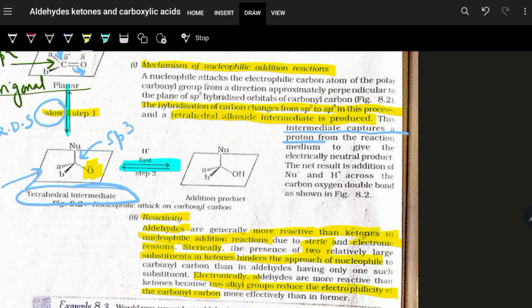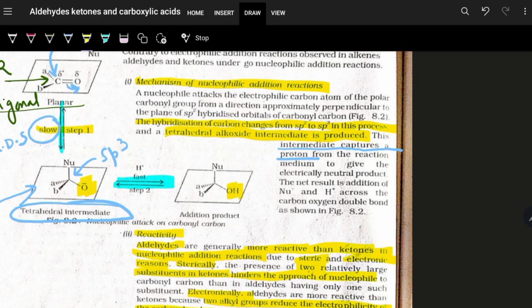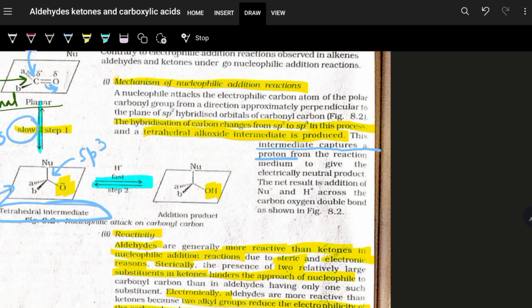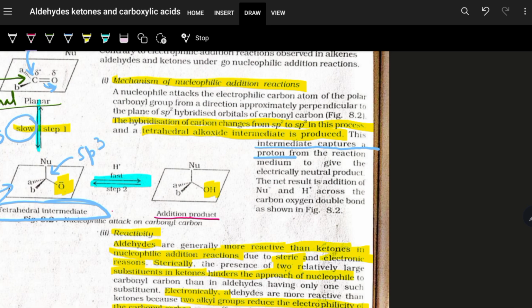This O minus abstracts the proton and forms OH. It requires a catalytic amount of acid in the medium, which makes the reaction faster. So it abstracts H and becomes OH, and this is your addition product. What type of addition product? It is the nucleophilic addition product.